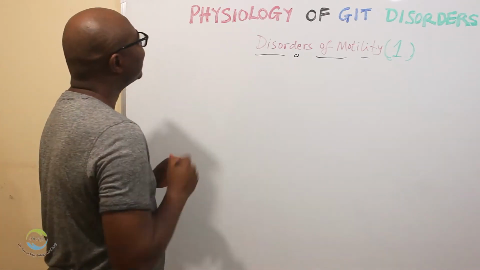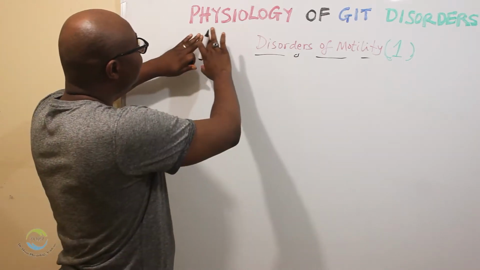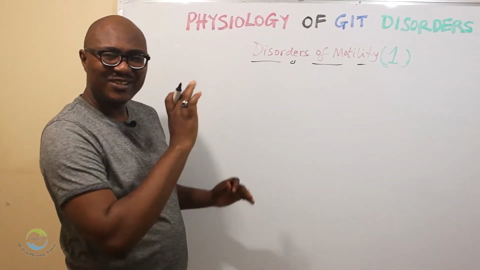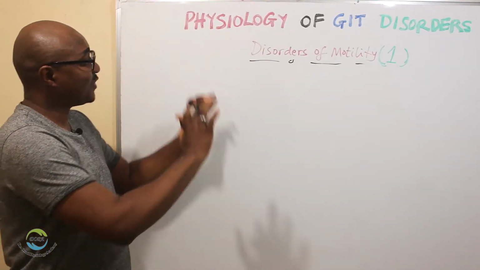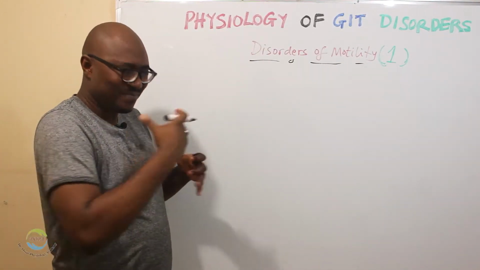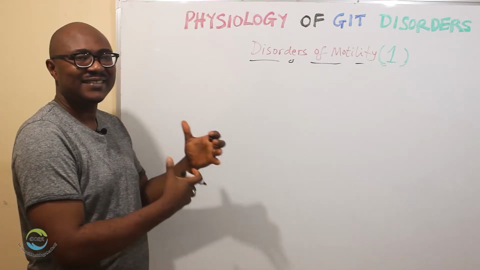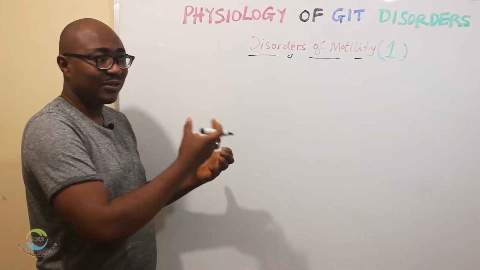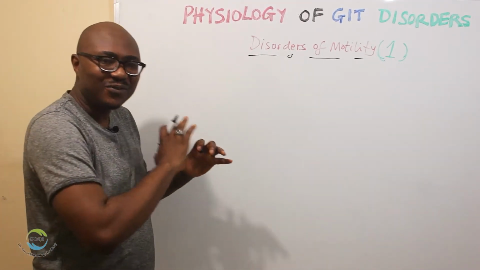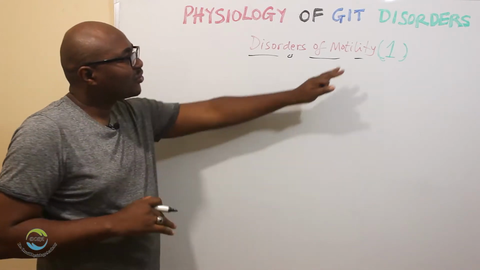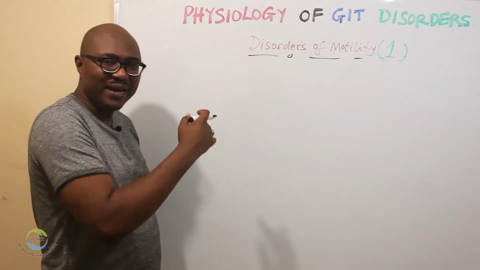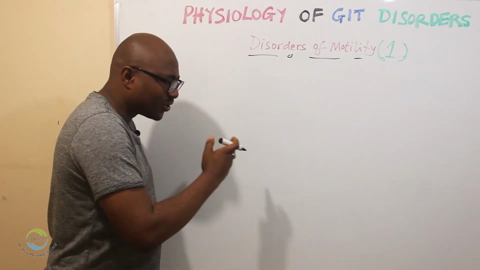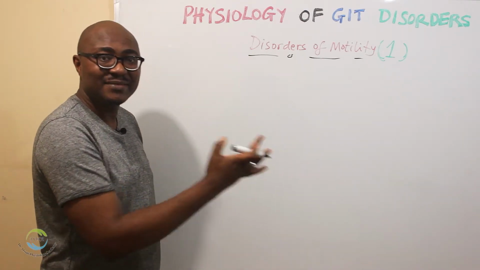Now let's get started. So today we're going to be dealing with the physiology of GIT disorders. Now, physiology deals with the mechanisms that allow the body to function the way it functions. But disorders tells you about a problem in physiological processes and mechanisms.